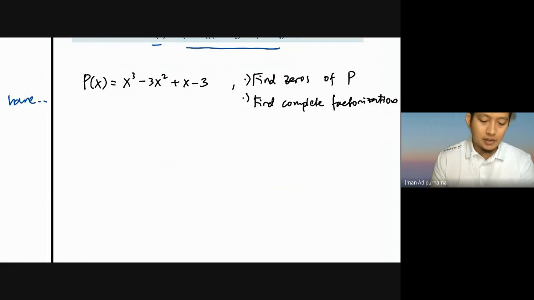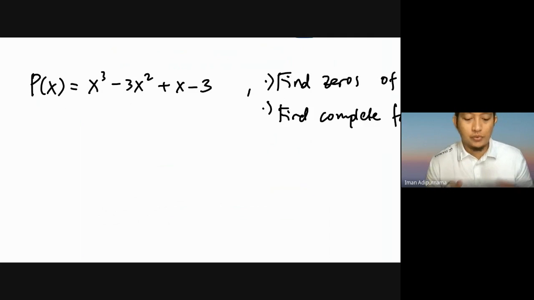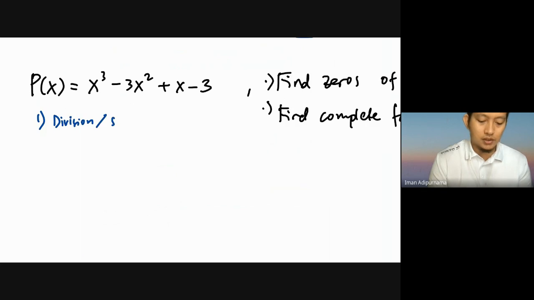And then to factor it, remember, there are some ways to factor this. Let me write some methods to do that. First, we can try to use division or the synthetic method with some number that you can probably get from p over q, finding the zeros.